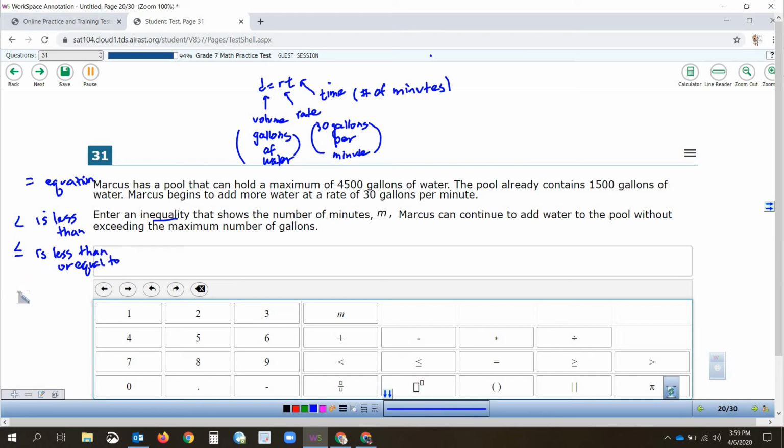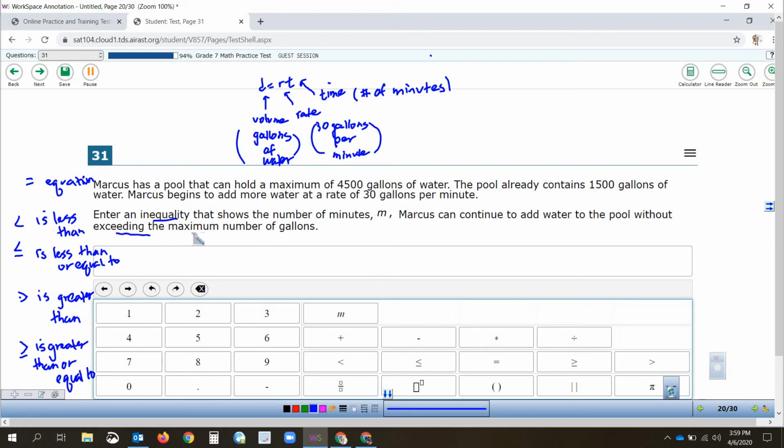This one right here means is greater than. And finally, this last one is greater than or equal to, right?